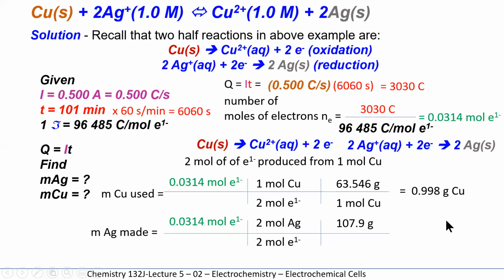The molar mass of silver is 107.9 grams for every mole. When we multiply and cancel out, our moles of electrons cancel, our moles of silver cancel, and we're left simply with our answer in grams. So in 101 minutes, operating the cell at 0.5 amps, we are going to make 3.39 grams of silver, and we're going to use up 0.998 grams of copper.